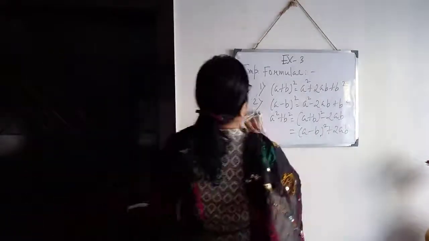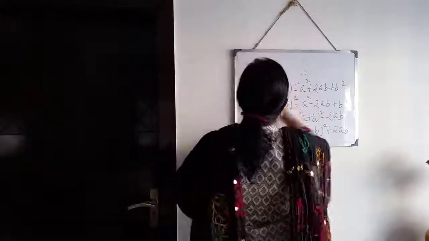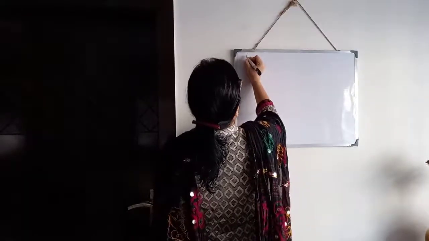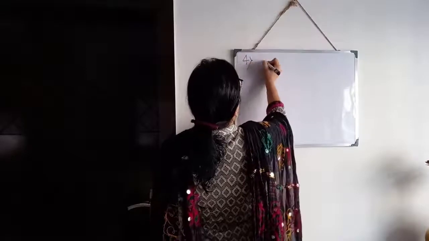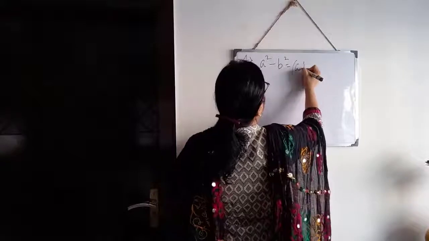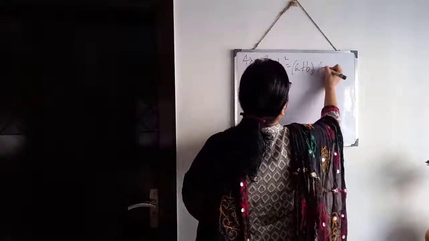Then the next formula, that is a square minus b square. A square minus b square means (a plus b) into (a minus b).